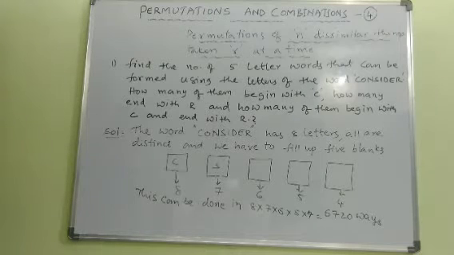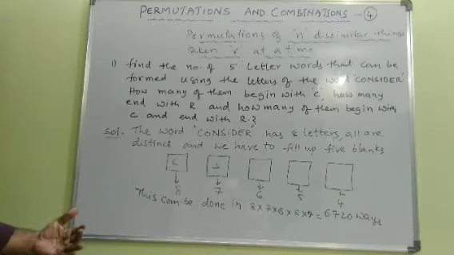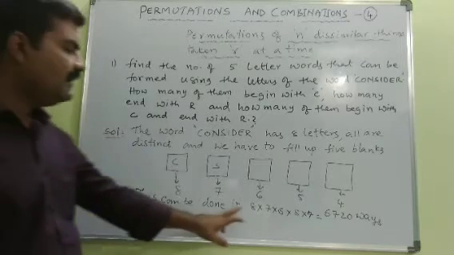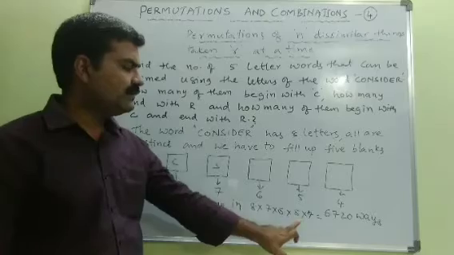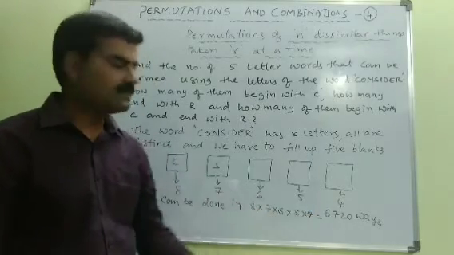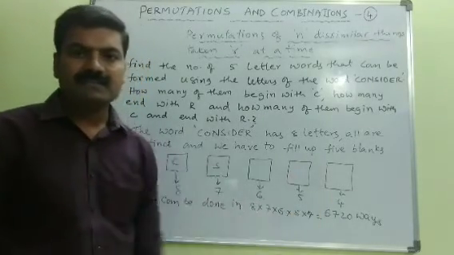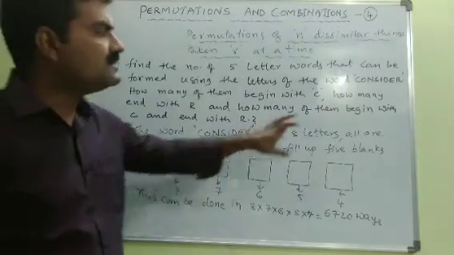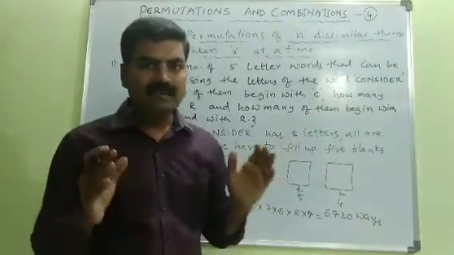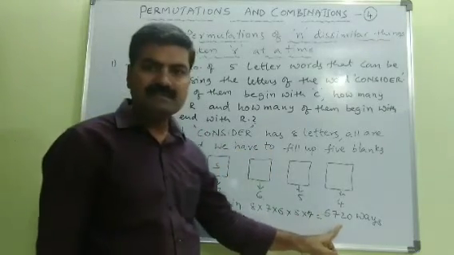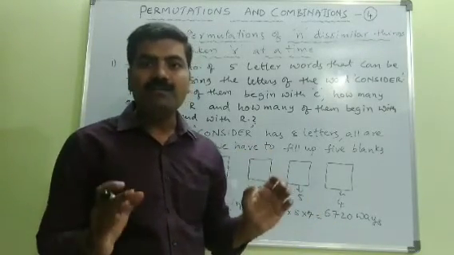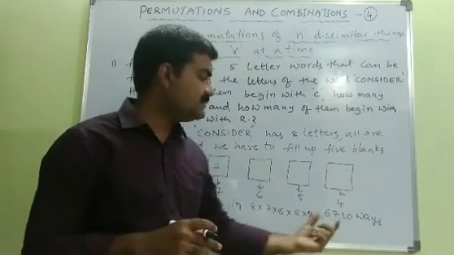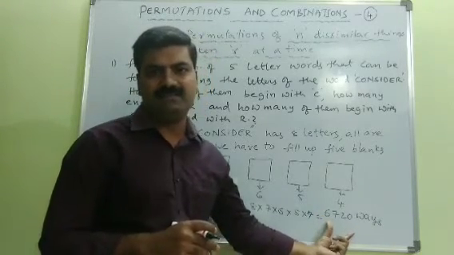Product rule, because we need to choose everything, not anyone. After multiplication we get 6720. Do you understand the meaning of this? Using these 8 letters, we can frame 6720 five-letter words. These many words we can create.